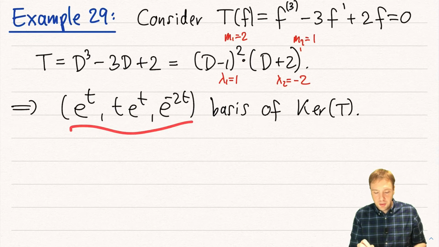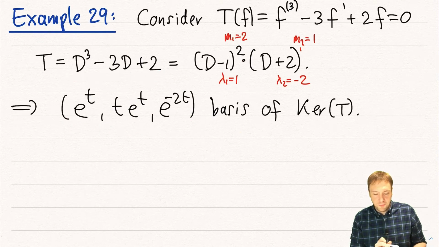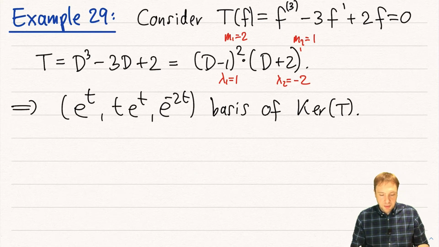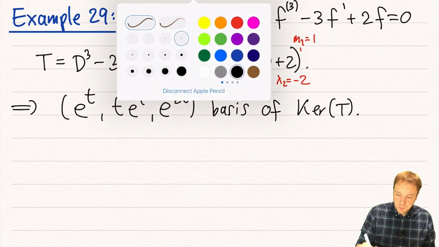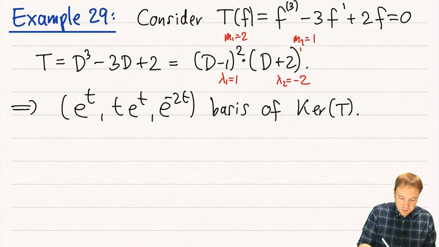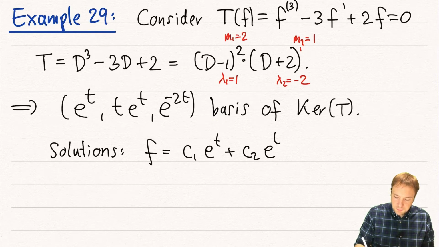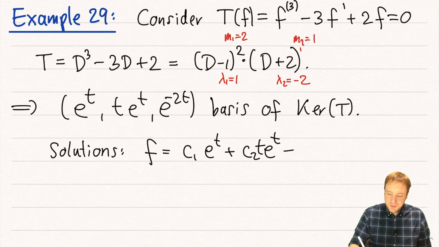So in total we get 3 linearly independent functions, and we have a differential operator of order 3. And then the solutions to this homogeneous equation are given as follows. So this f is then the linear combination of these 3 functions. Oops, there's a t plus 3t.